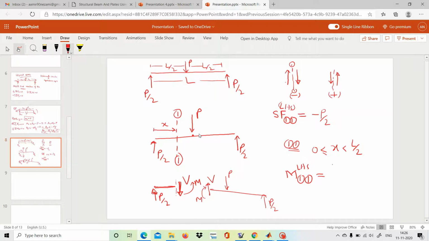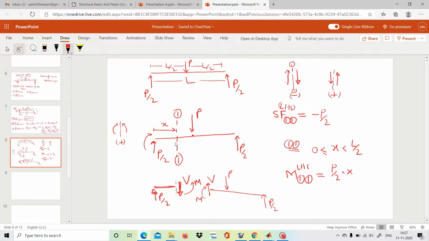So P by 2 into x. For the sign convention of the moment, we remember that at any section, if it produces a moment in this manner, then it is positive. So P by 2 will generate a moment like this for this section. So this would be positive: plus P by 2 into x.